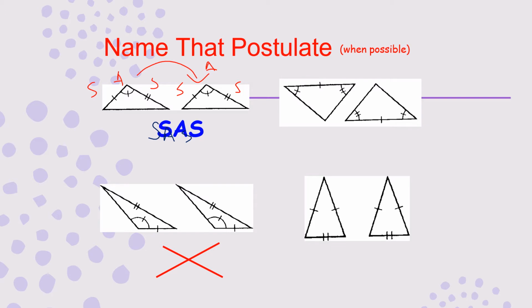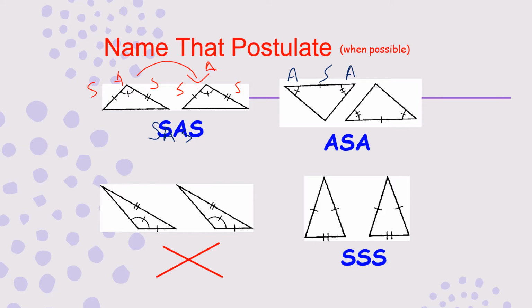Look at the second. Can you name the second figure? Yes, the corresponding angles and an included side are given here. So the second figure is ASA.